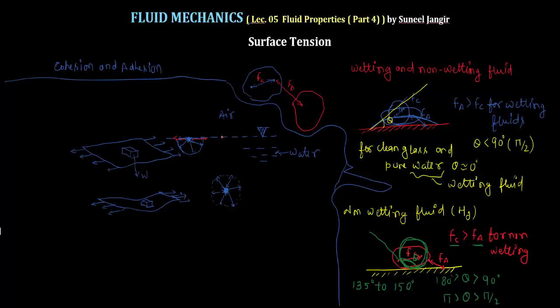So due to this extra quantum of energy expended by these molecules over the surface, there is tension here. That's the term derived, that is surface tension. So this molecule will be in an equilibrium state. According to our definition, the molecules of fluid expend some quantum of energy over the surface, and we define that as surface tension.